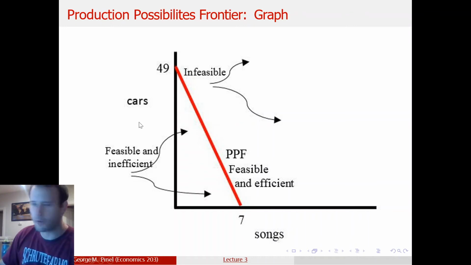First and foremost, you need to label the axes. The y-axis in this case will be cars. The x-axis will be songs. I mentioned prior that it's arbitrary whether you choose songs or cars on the x and y-axis, except in as much as I will specify which I want, just for the sake of standardization.